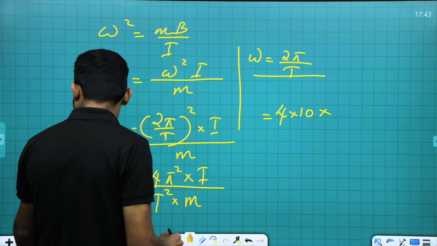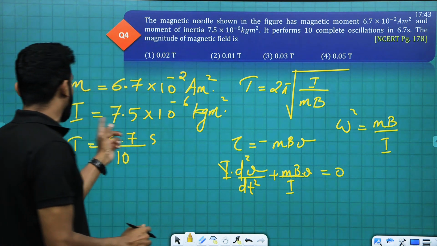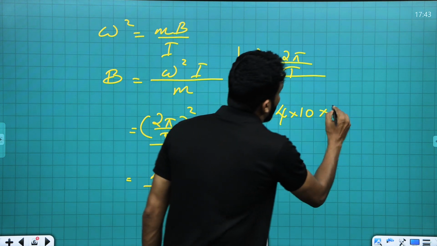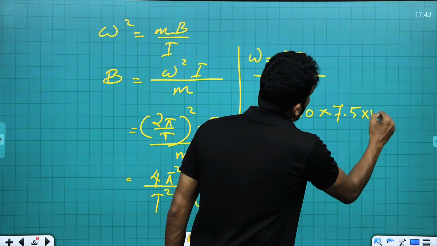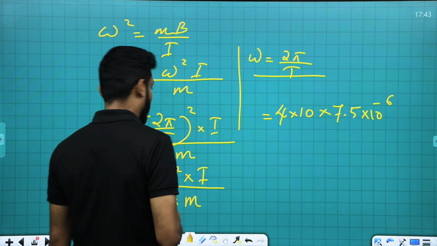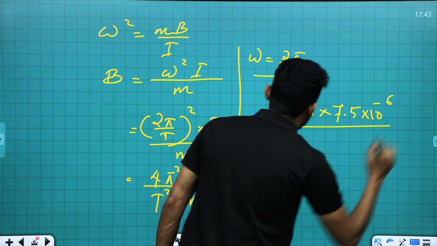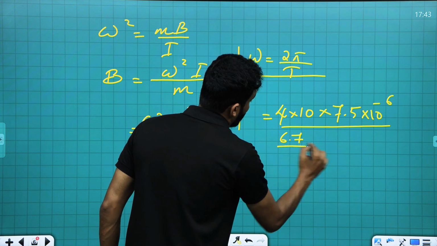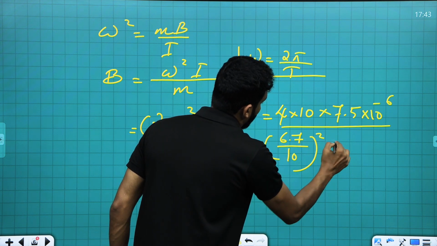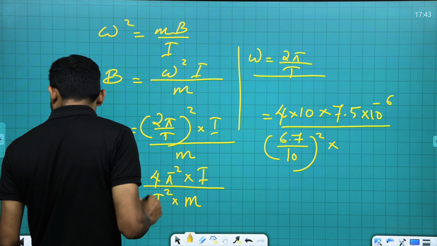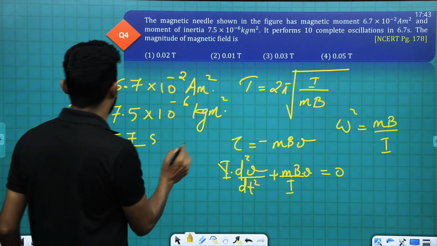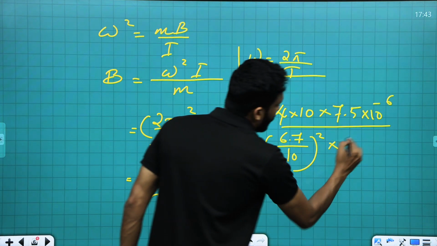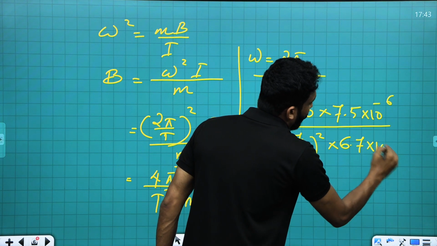Into moment of inertia, whose value is 7.5 into 10 power minus 6, divided by time period, which is 6.7 by 10, the square, into magnetic dipole moment, which is 6.7 into 10 power minus 2.